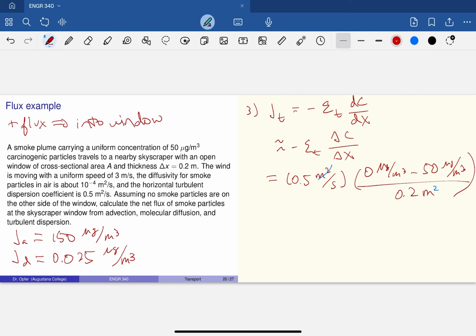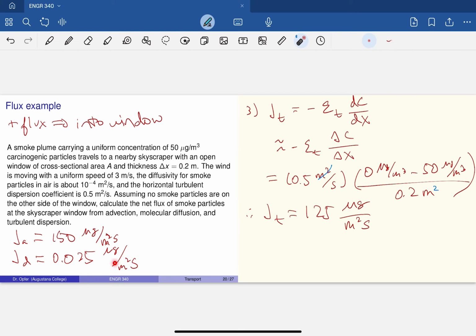And if we plug all these in, we get a turbulent flux of 125 micrograms per meter second squared. Oh my gosh, you guys, you didn't correct me. These units are all meters squared per second in the denominator. Meters squared second.